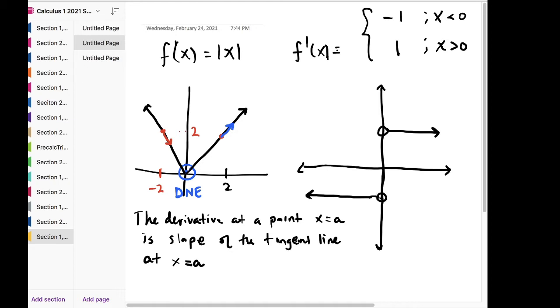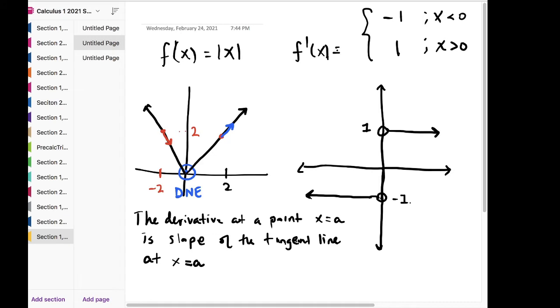Okay, and that's your derivative. That's the derivative of absolute value. And again, the open circles signify the derivative does not exist at 0. Any questions about that? So again, the derivative amounts to really drawing tangent lines if you want to sketch it.